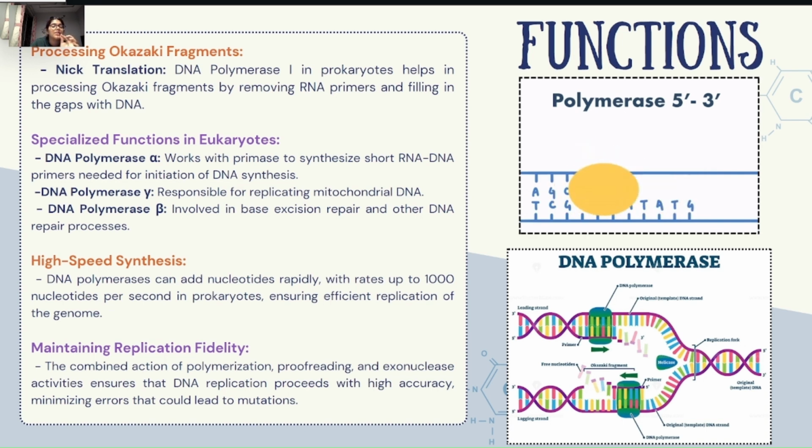Due to the proofreading done by DNA polymerase, the chances of having errors in DNA replication are very low as compared to protein synthesis. So we can see how fast the DNA polymerase is adding nucleotides, and it always works from the 5' end to the 3' end.